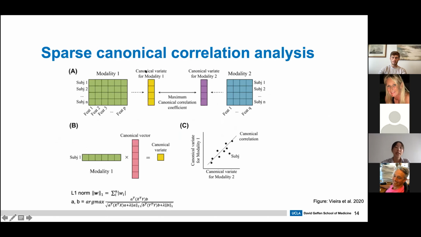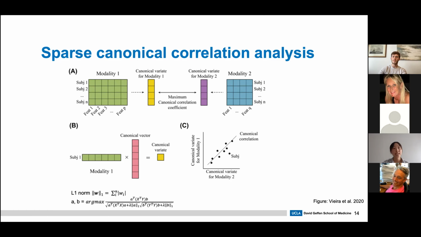And now we briefly talk about how the sparse CCA technique works. Let's say we have 2 modalities, where the rows represent the samples and the columns represent the features. The goal of sparse CCA is to re-express those 2 sets of variables such that we get multiple pairs of canonical components that are maximally correlated with each other.